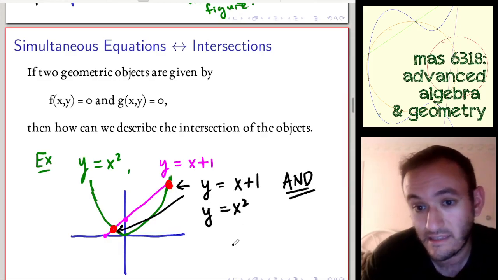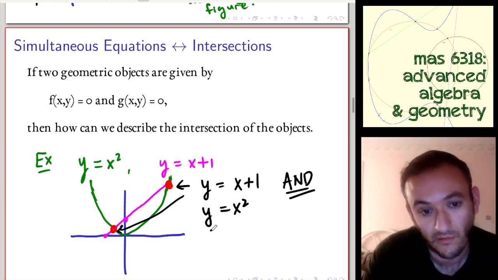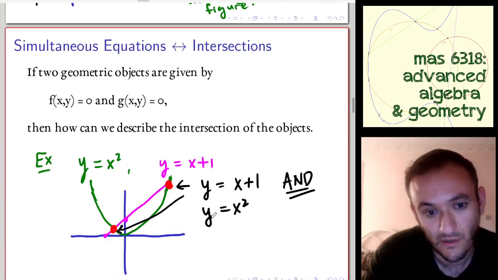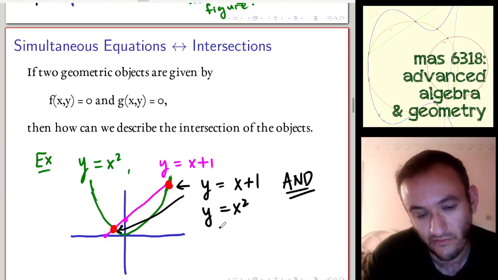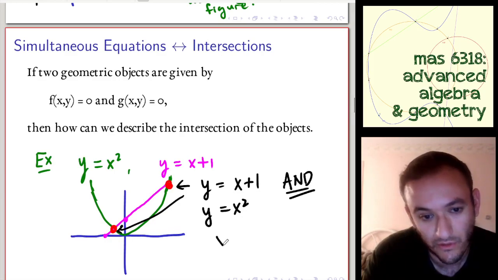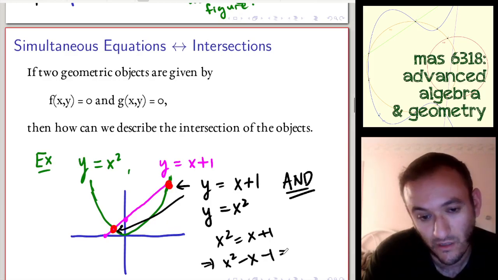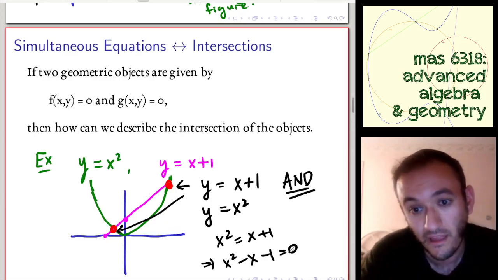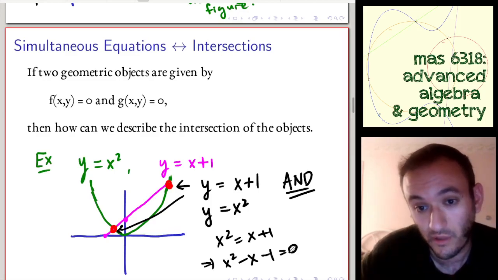So I can solve them like a system of equations, and I can combine them. Because we have a value for y in both equations, I can set them equal to each other. So we have x squared equals x plus 1. And then you can solve x squared minus x minus 1 equals 0. And using the quadratic formula, that will give you your x, at which point you can plug in your y.